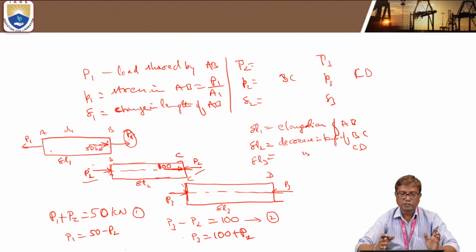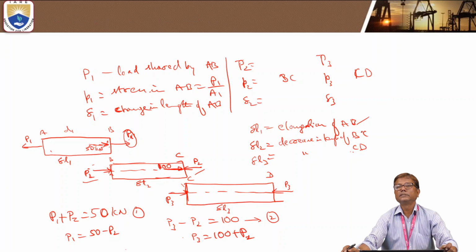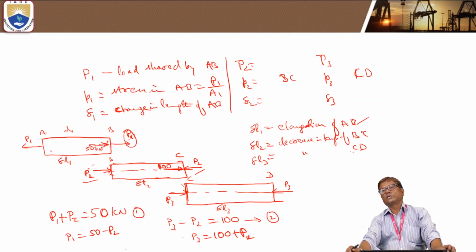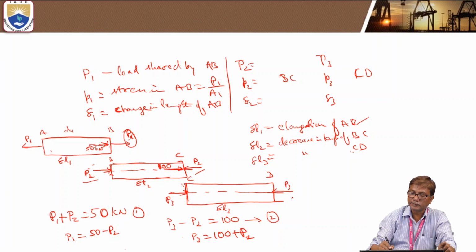So here there is net deformation of the member is 0 because the ends A and D are fixed rigidly. There will be no change in length of the member as a whole. So the elongation of the bar AB must be equal to the sum of the decreases in length of members BC and CD.